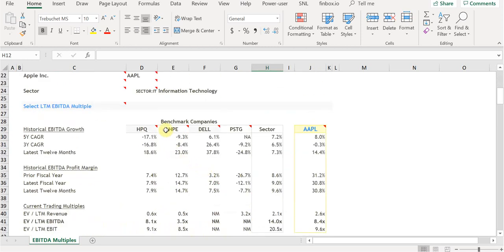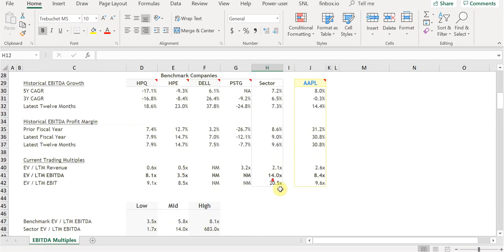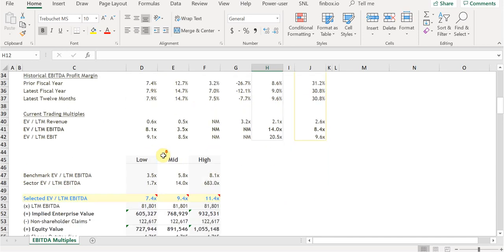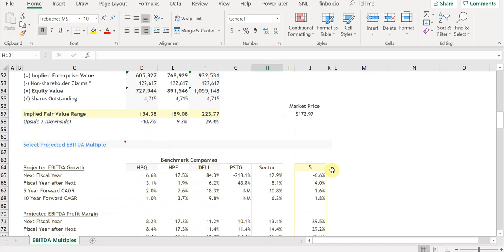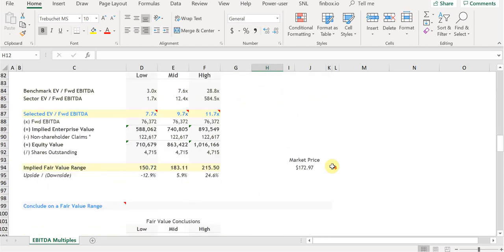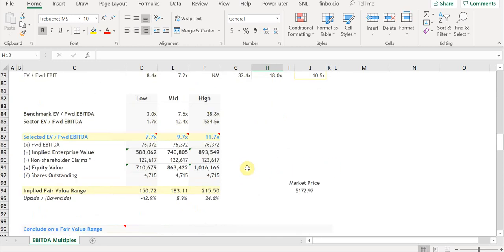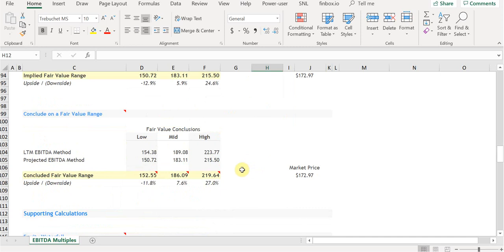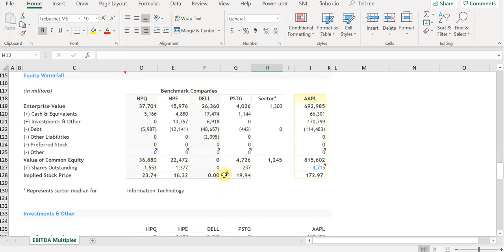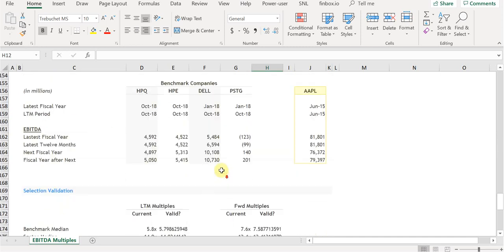Similar to our comp set that we have in our DCF, we use financial ratio analysis, growth rates, size, and actual financial performance metrics to derive a fair value multiple for the business of Apple.